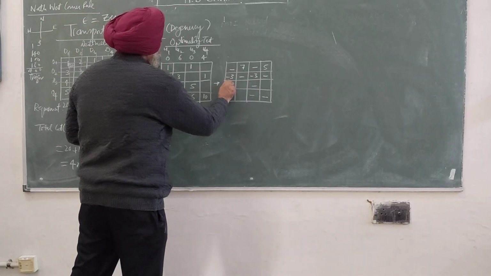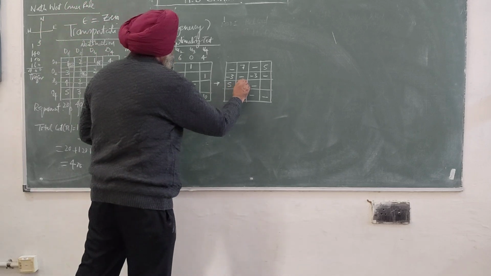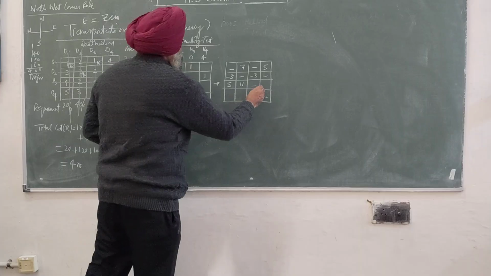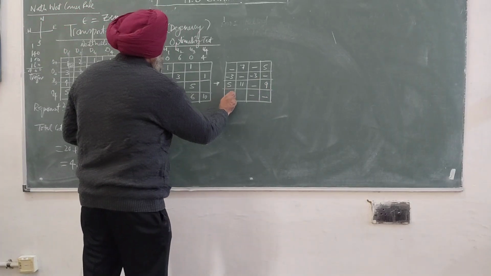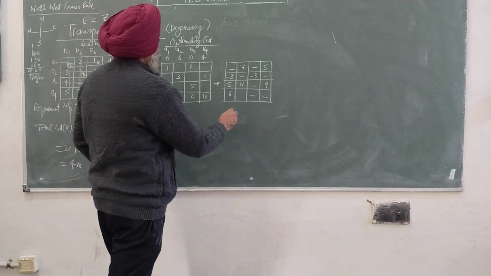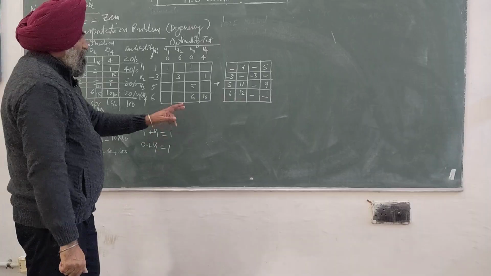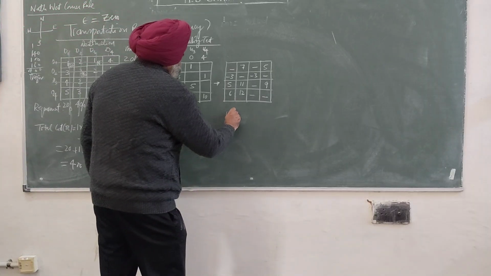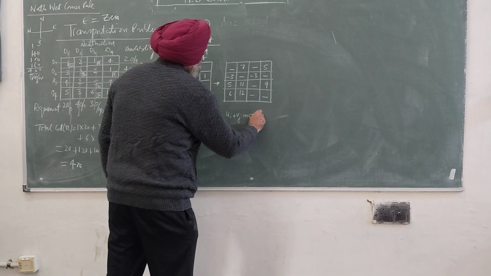This is 5 here, 5 plus 0 is 5, 5 plus 6 is 11, 5 plus 4 is 9. Then 6 plus 0 is 6, then 6 plus 6 is 12. This is called the Ui plus Vj matrix for the non-allocated set.